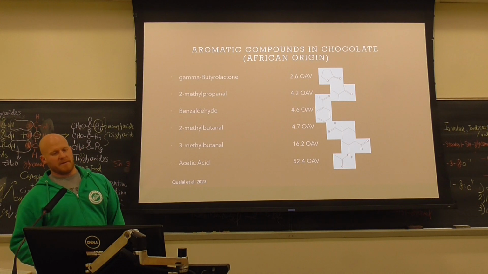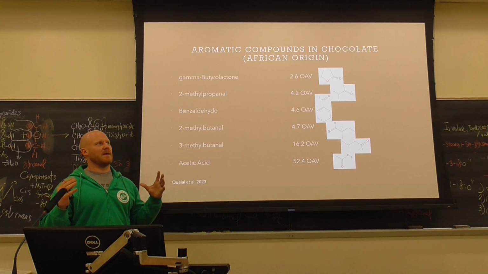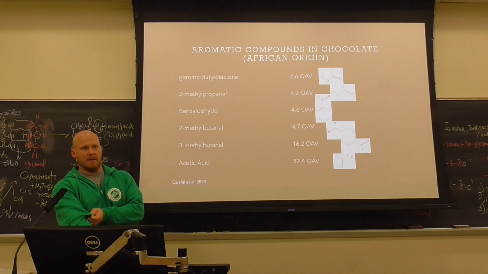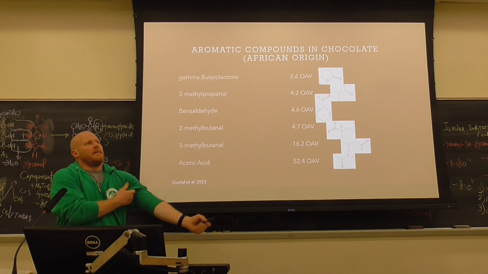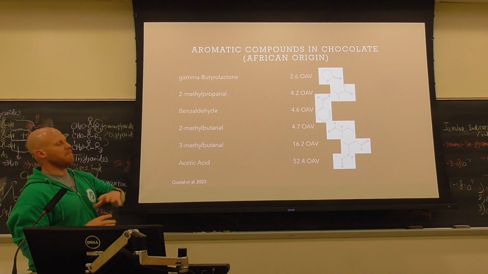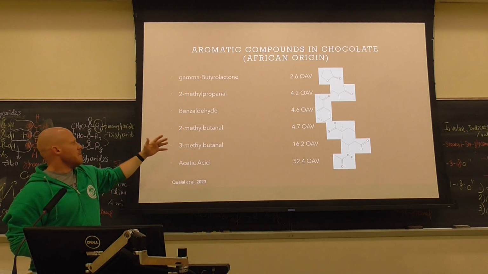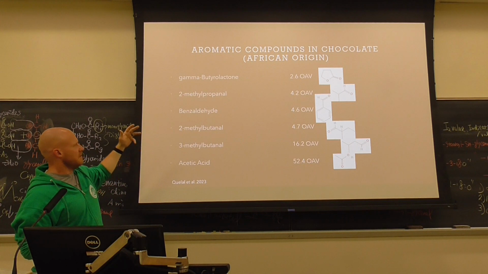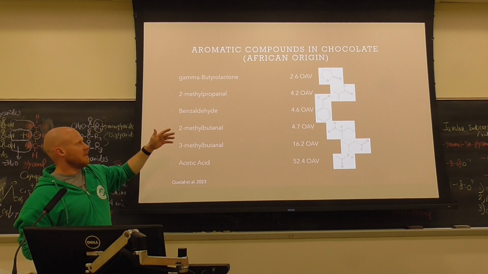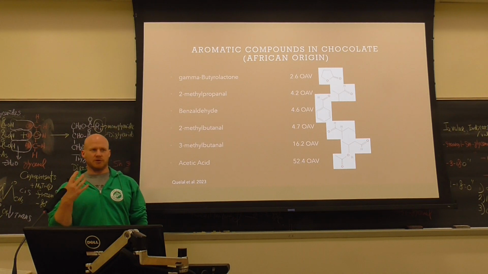So back to aromatic compounds, I tried to get everything relevant to African origin beans, because these are Ugandan, so Eastern Africa. There are many, many, many more aromatic compounds that exist in chocolate, but these 6 were deemed by the authors of this paper to be greater than 1 OAV, which is like an olfactory value.